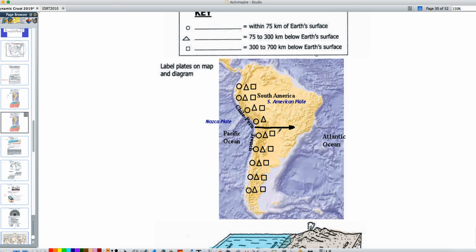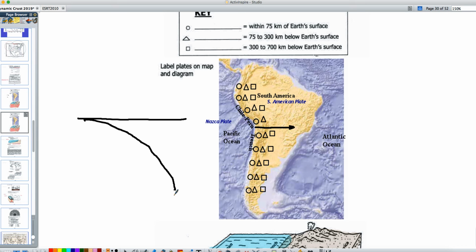Now, what can we infer from that? Well, let's take a look. I'll just whip up a little diagram right here for you. So here's the Earth's surface. As we travel eastward from the trench, let's say the trench is here, the earthquakes appear to get deeper and deeper and deeper, like this. That's the pattern. Now, what does that look like to you?